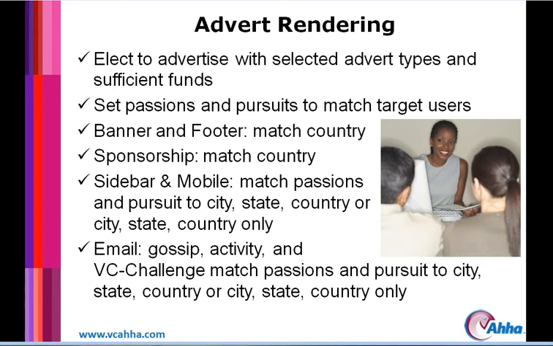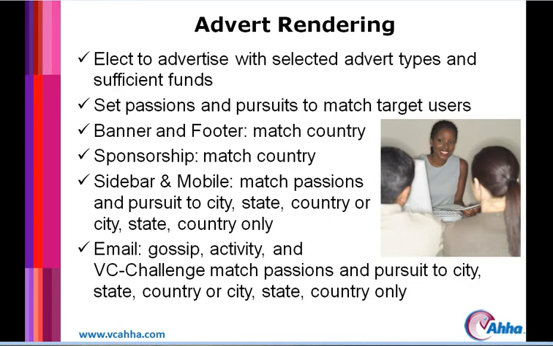We will then get a certain number of advertisers meeting that criteria. At any given time, only 10 of those ads are rendered and they're refreshed every 3 minutes. This gives every advertiser equal opportunity to use both the sidebar ads and the mobile banner.